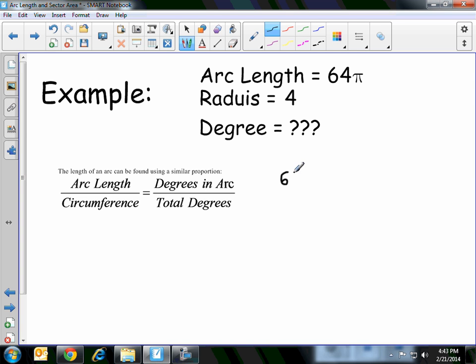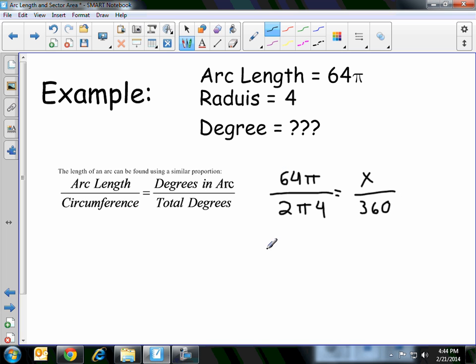So we have 64 pi, and that's our answer, and that's over 2 pi r, and that's equal to the degrees of our arc, which is what we don't know, so we're going to solve for that. And the total degrees in a circle is always 360.